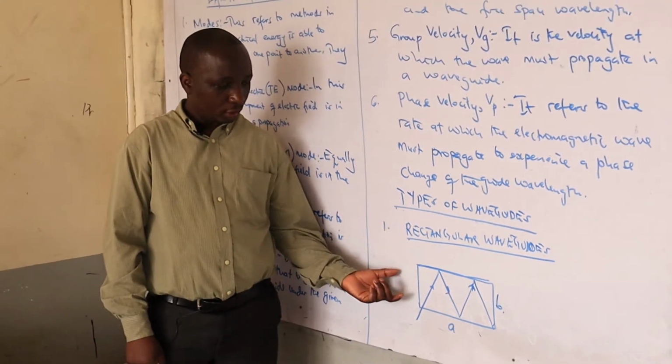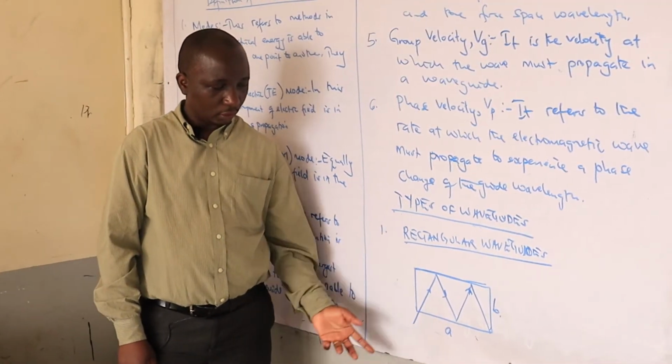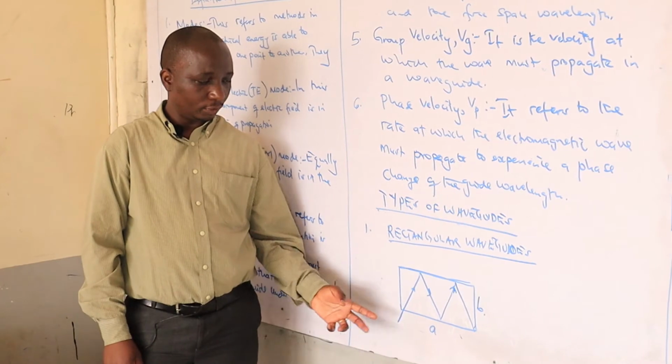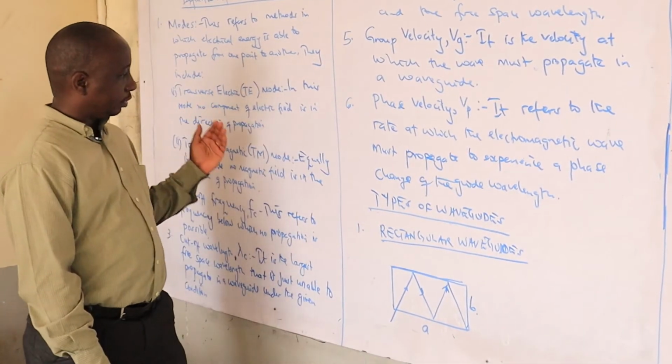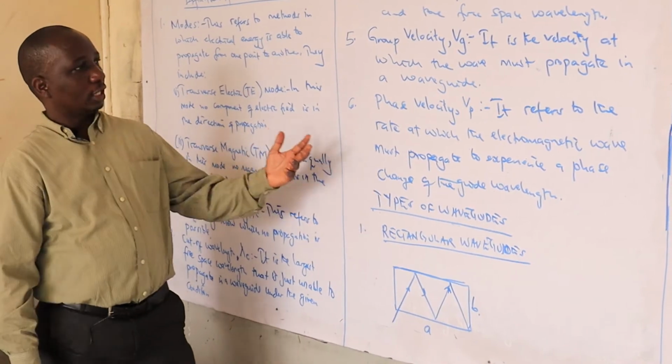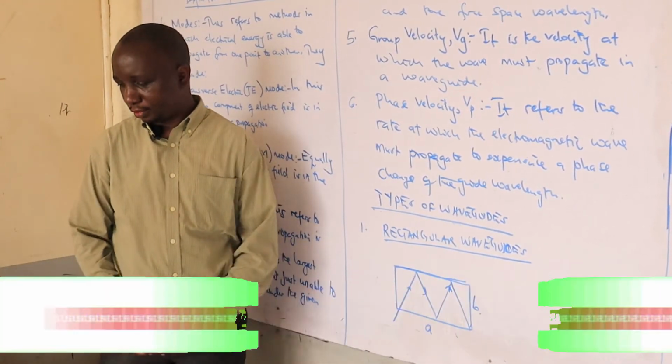So when we need to understand this, so that any time you are being asked on anything, this should be the guidance in determining the factors we have discussed as some of the terms that apply to waveguides.